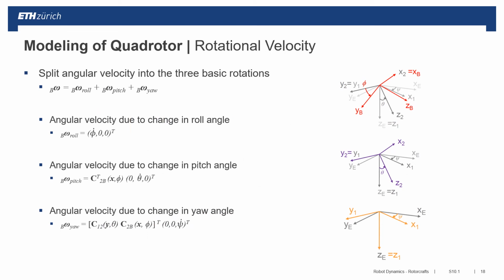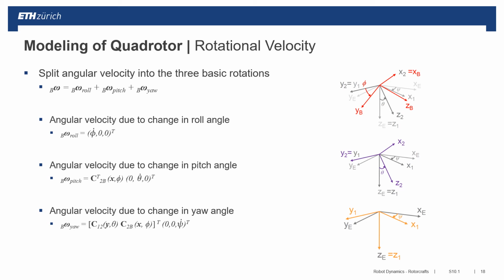The rotational velocity in the body frame is given by the sum of the rotational velocities coming from the roll, pitch, and yaw. The angular velocity due to the change in roll angle is given directly by the rotational speed around the x-axis.